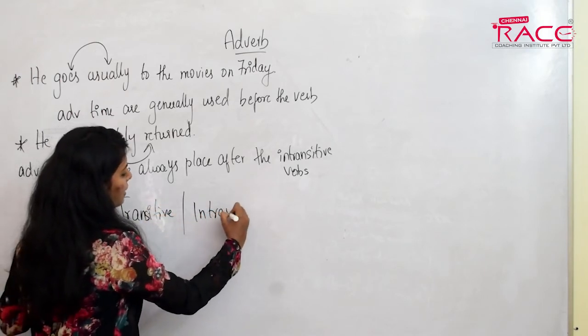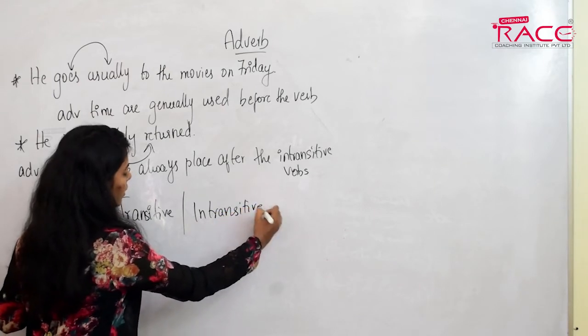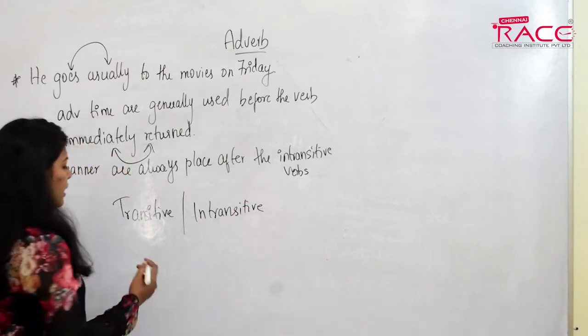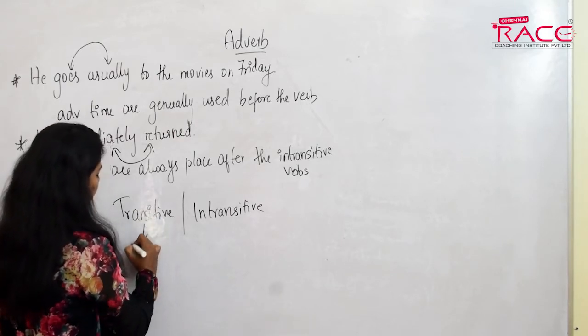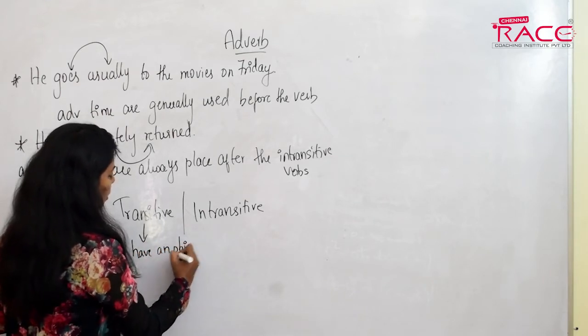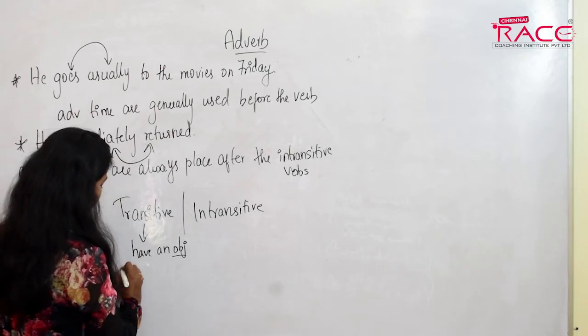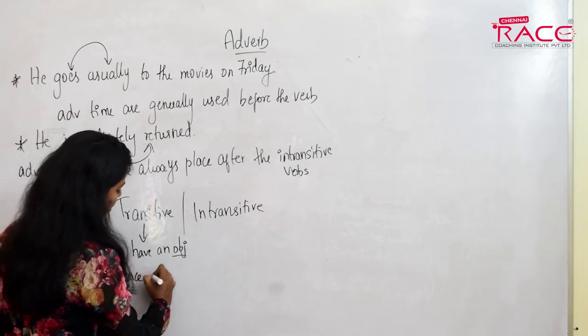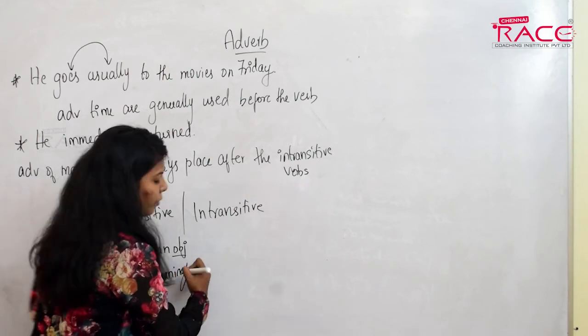A transitive verb will have an object, because without an object the sentence would be meaningless.